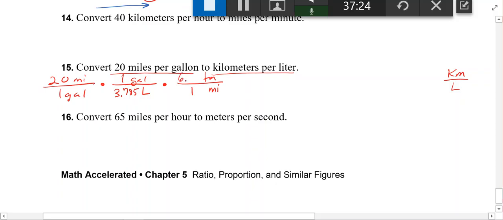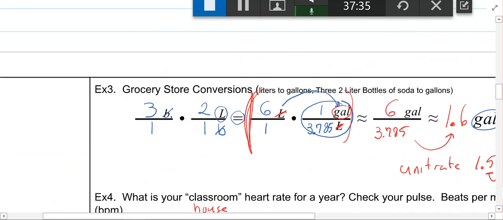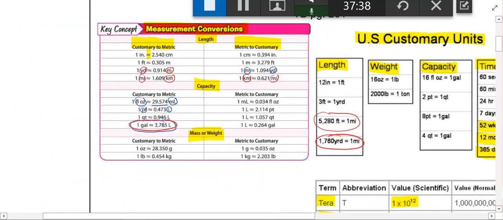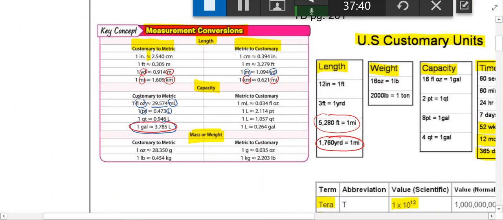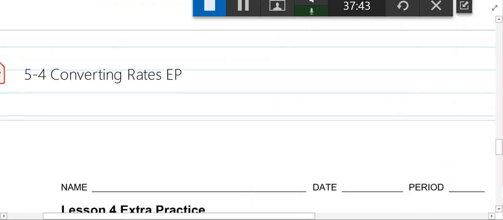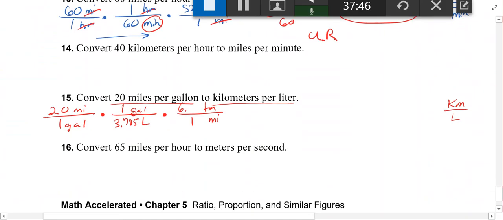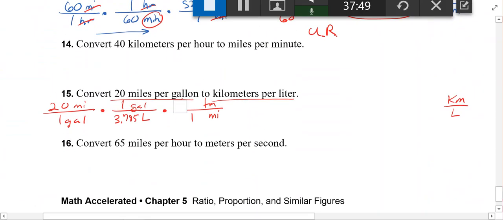I wish I had a memory that would last longer than a second. Okay, it is 1.609. There we go. Let's check to see if we're going to get the right answer. Gallons is out, miles is out, and we have kilometers over liters, and that's exactly what we want.